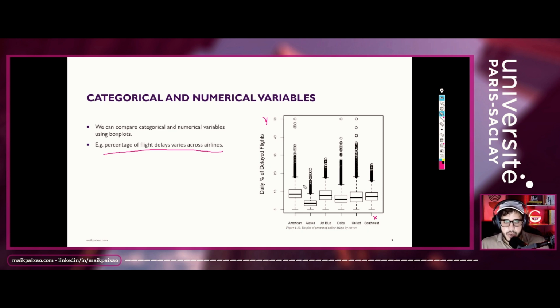On the y-axis we have the daily percentage of delayed flights. Analyzing the box plot, we can see that Alaska has the lowest percentage of delays, meanwhile American Airlines has the highest.